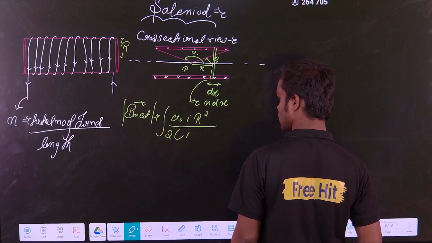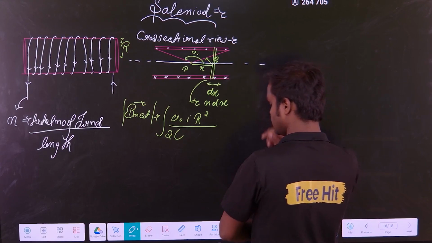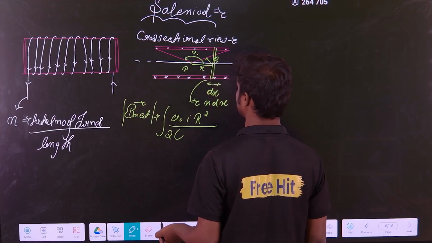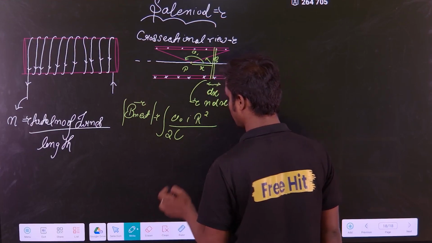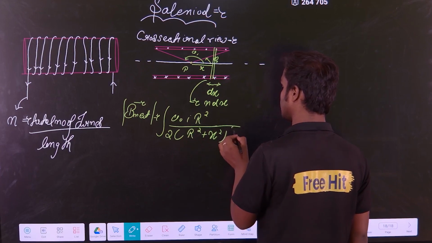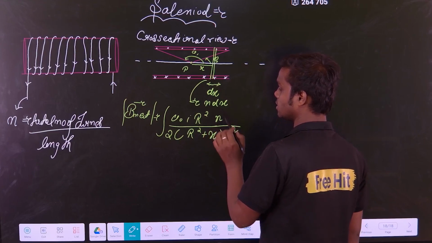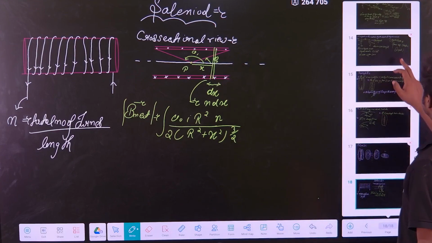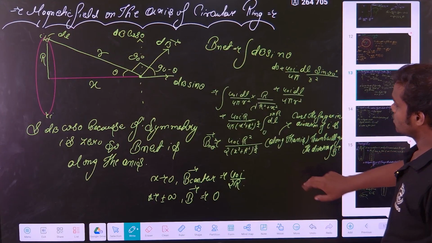I think we are doing something wrong. The radius is not r, because the radius is not given. Let me write the first formula for you: r square plus x square, power 3 by 2, and then we will figure out the rest. What is left? The number of turns. This formula is for a single turn.